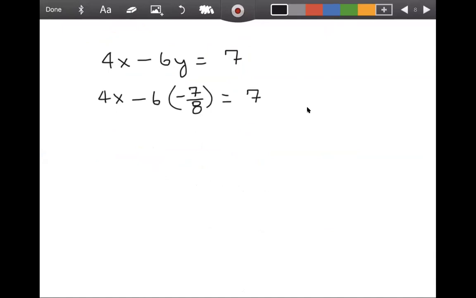Okay, let's think about this. So first thing I'm going to do is multiply -6 times -7/8. Let's sneak a 1 under here. 6 and 8 have a common factor 2. 6 divided by 2 is 3. 8 divided by 2 is 4. So now multiplying those fractions together, you get plus 21/4, right? 3 times 7 is 21. 1 times 4 is 4.